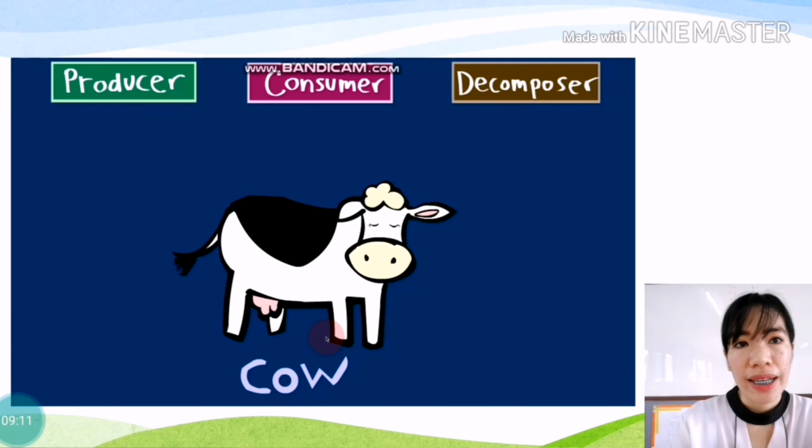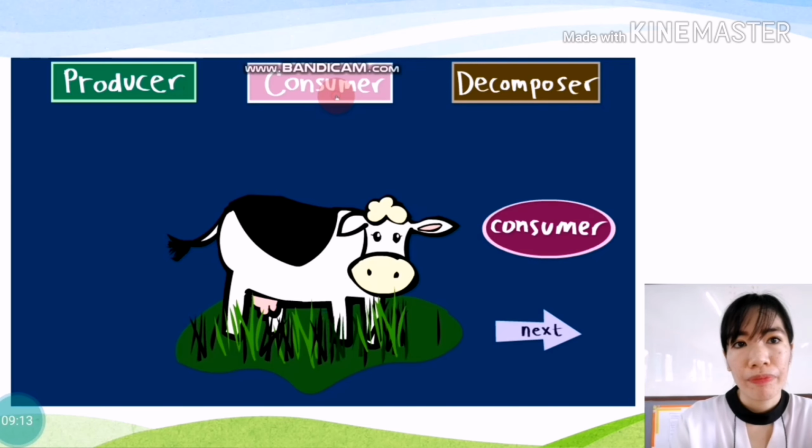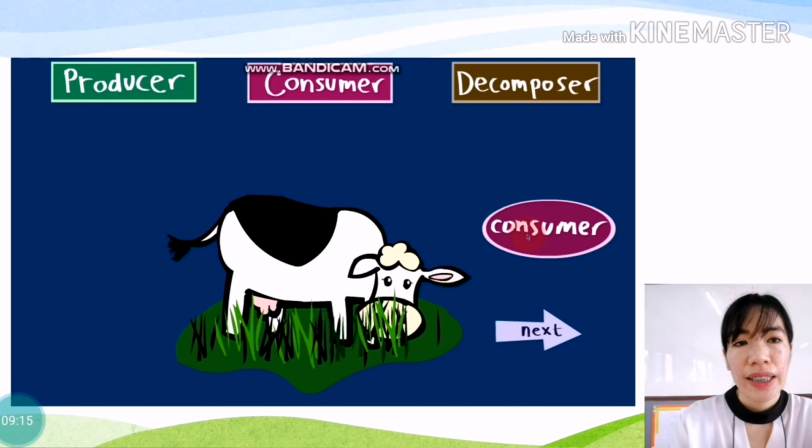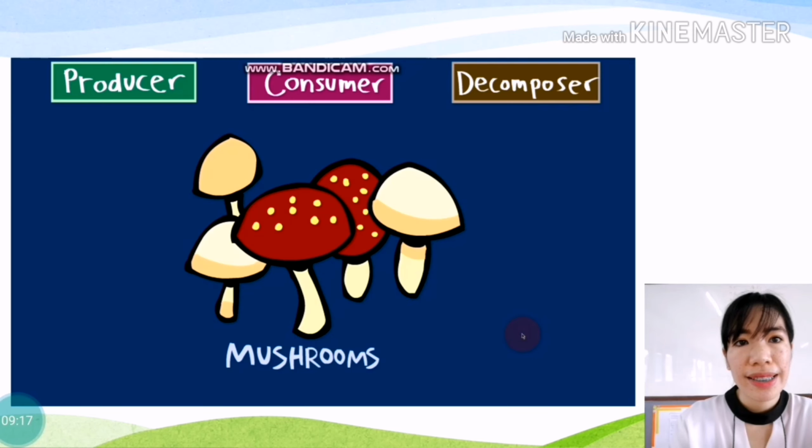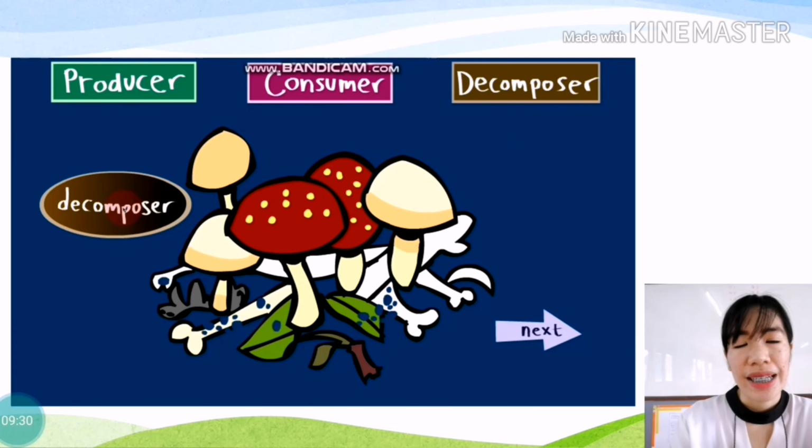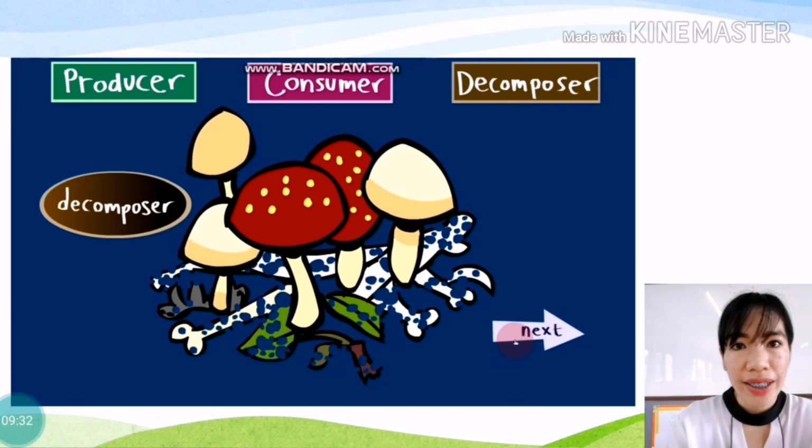Cow is consumer. Yes, it's correct. Next, mushrooms. Is it producer, consumer, or decomposer? Mushrooms are decomposers. Yes, it's correct. Did you get it right?